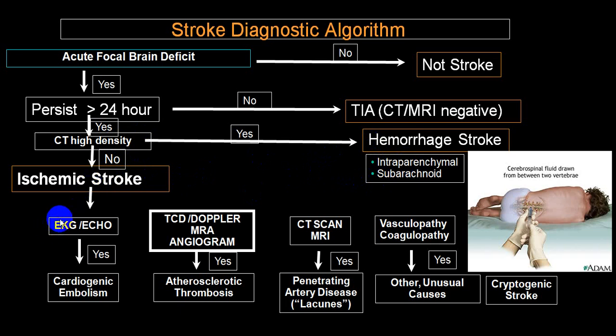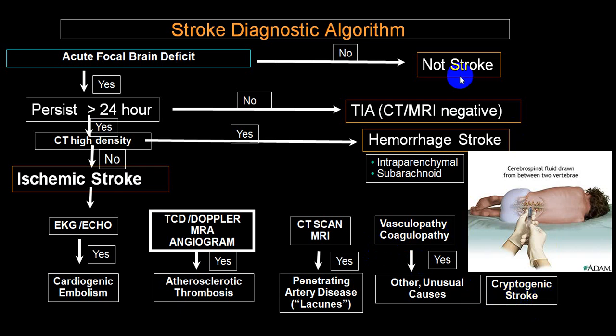Now you will have to go for EKG and echo to rule out cardioembolism, or you will go for carotid Doppler or MRI angio to find out atherosclerosis and thrombosis, or you can go for CT or MRI scan to find out lacunar infarcts, or you can go for laboratory parameters for finding out coagulopathy, and if none is there, then you will go for cryptogenic stroke.